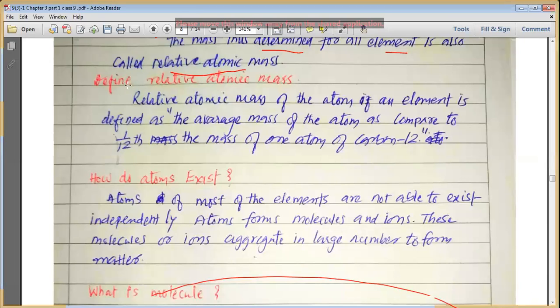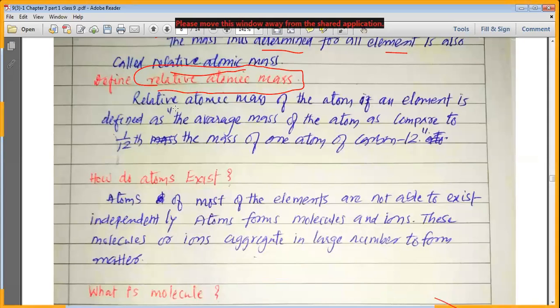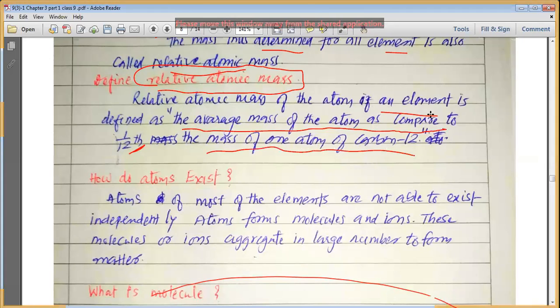Now we want to define the relative atomic mass. What is the definition for the relative atomic mass? The relative atomic mass of an element is defined as the average mass of the atom as compared to 1/12 the mass of one atom of carbon 12.